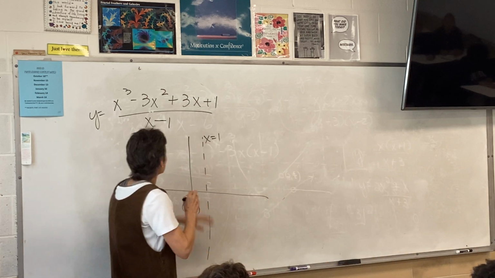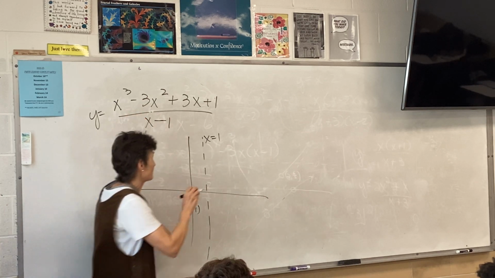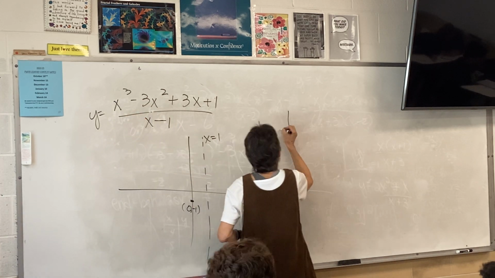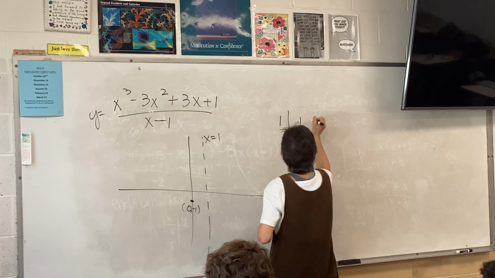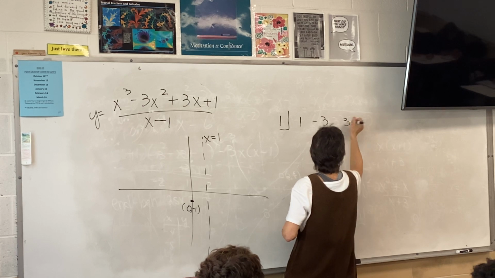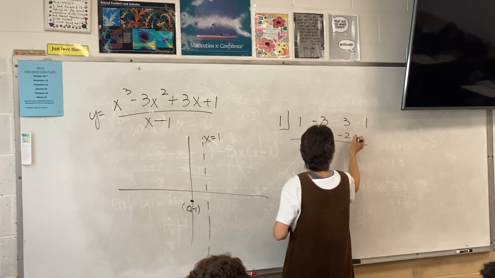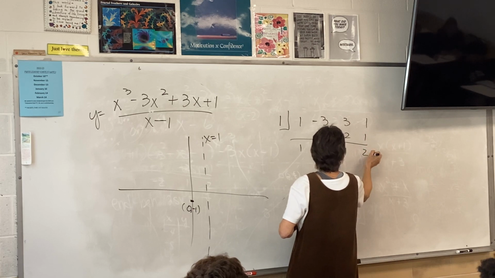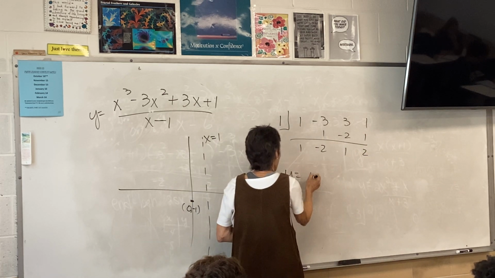How do I find an end behavior asymptote? I'm gonna have to do a division. And what in the world is this end behavior asymptote going to look like? It's going to be a parabola.